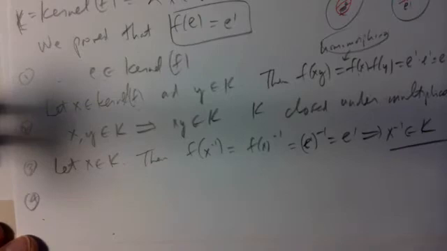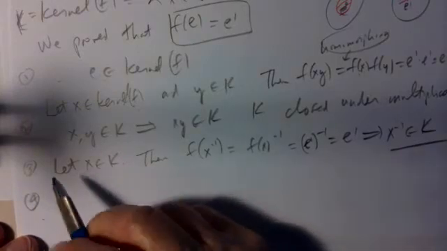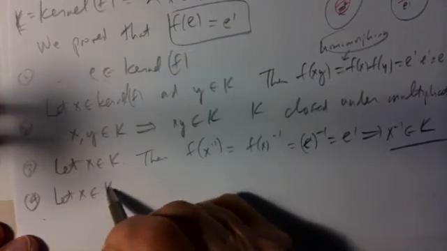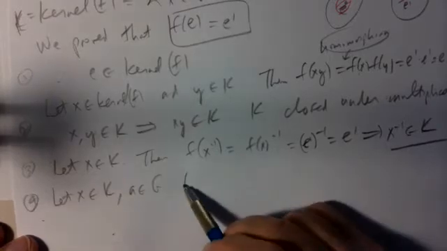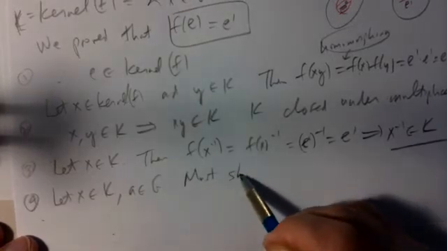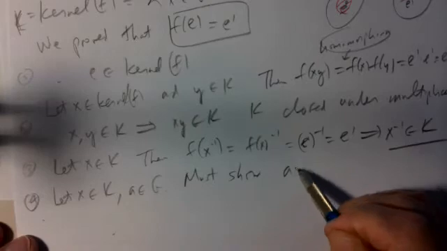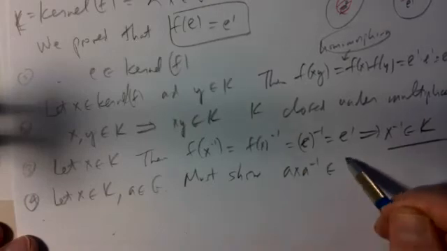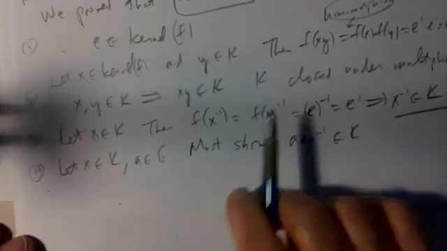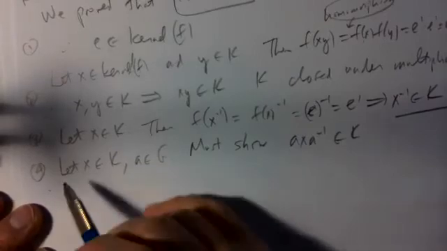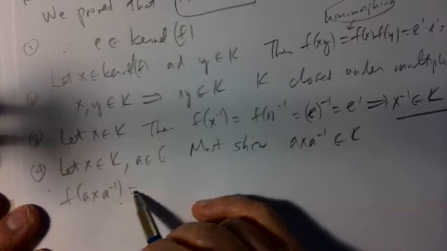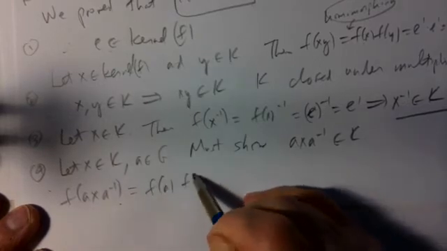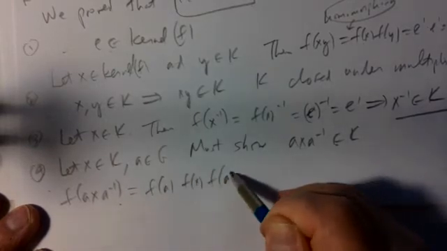So to show that it's normal, we have to prove that it's closed under conjugation. That means that let x be in K and let a be any element in the group. I have to show that a x a inverse is in K. But if you take f of a x a inverse, that's f of a times f of x times f of a inverse.